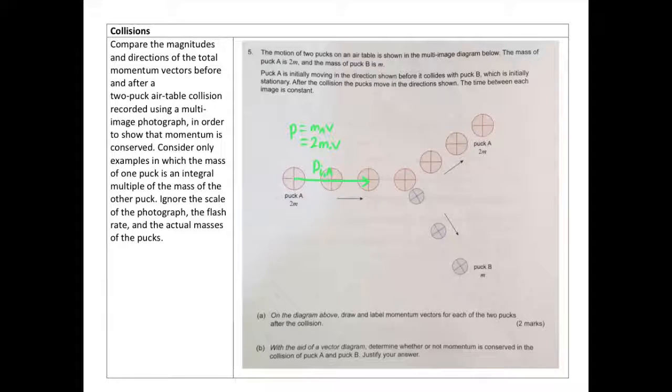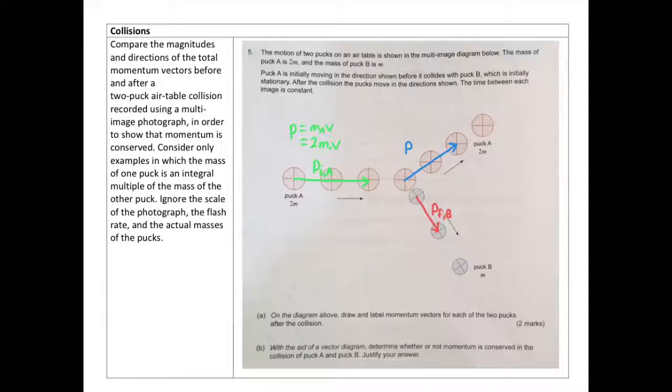If we look at the after, we'll look at B first. Because it's only got a mass of 1m, this is the final momentum of puck B, that only goes to represent one velocity unit, if you like, one section of time. And if we look here for puck A after, once again it's got twice the mass, so we draw that over 2.